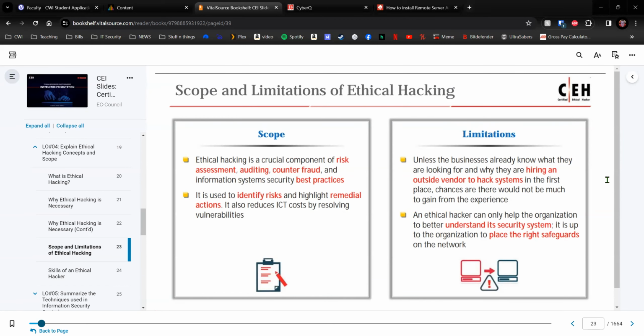Limitations: unless the businesses already know what they are looking for and why they are hiring an outside vendor to hack the system in the first place, chances are there would not be much to gain from the experience. An ethical hacker can only help the organization to better understand its security system. It is up to the organization to place the right safeguards on the network.